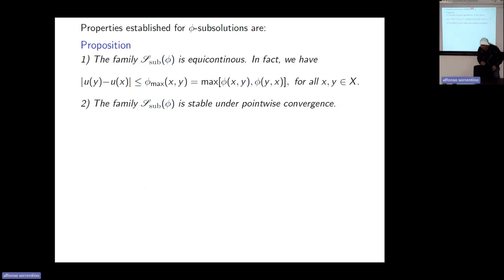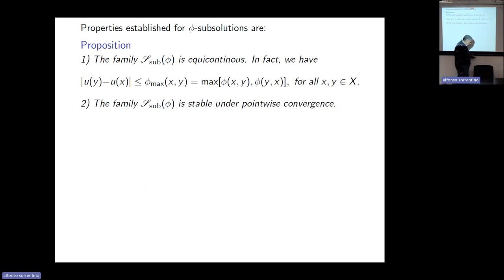Maybe let me read it. So this is the definition of subsolution.